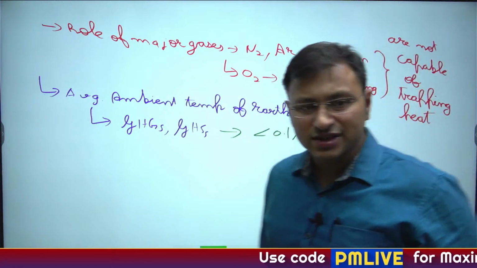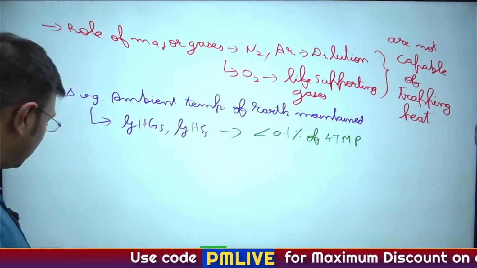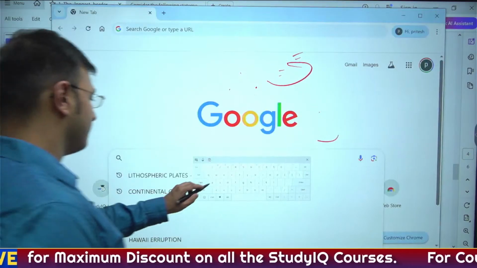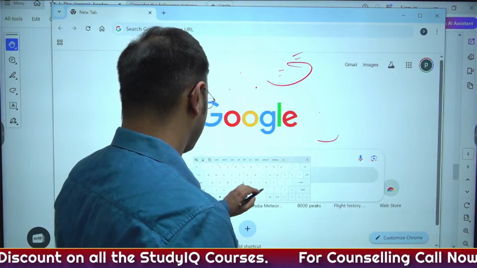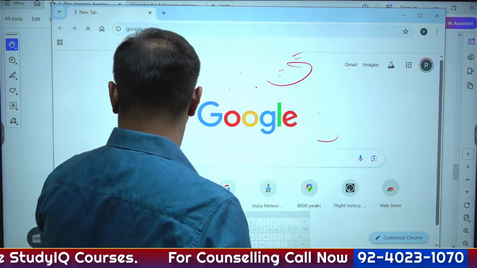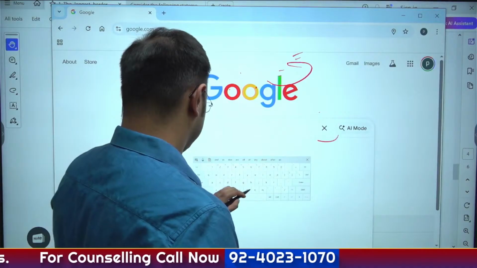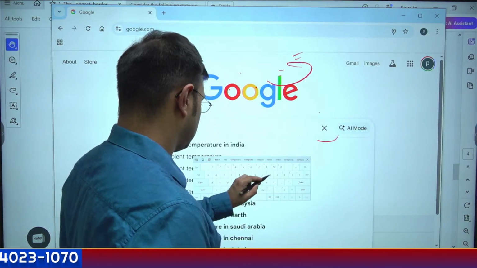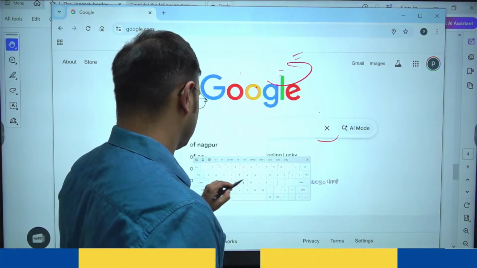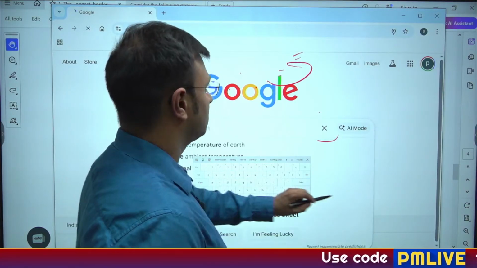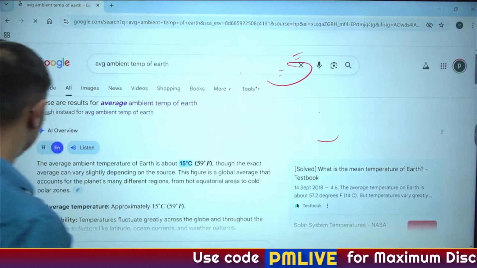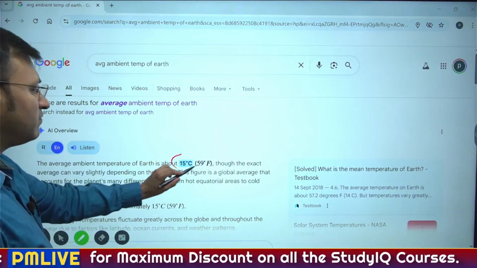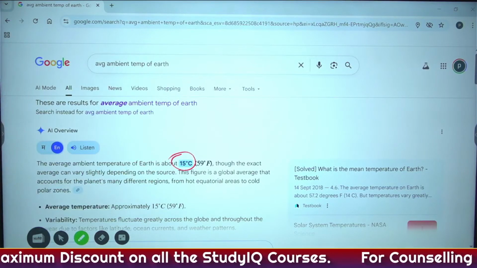And right now, what is the average ambient temperature of Earth? If I just do a quick Google search for each and every one of you. So see this. The average ambient temperature of Earth is close to how much? About 15 degrees Celsius. Right.